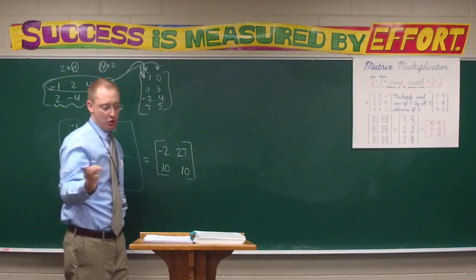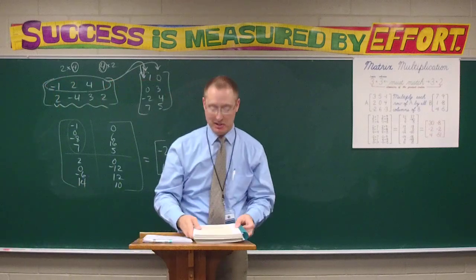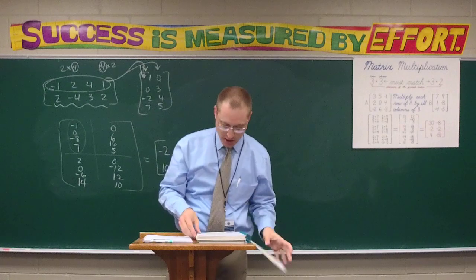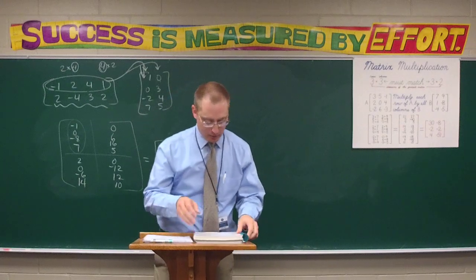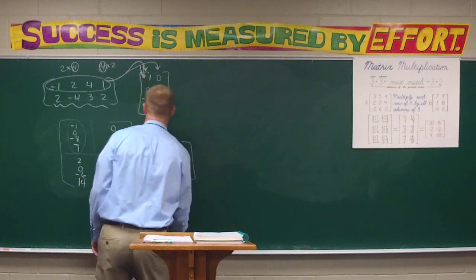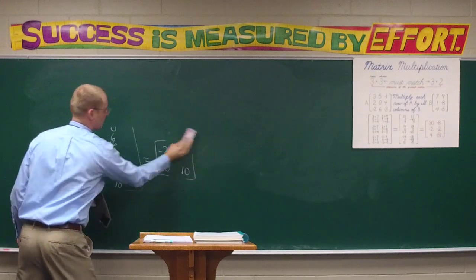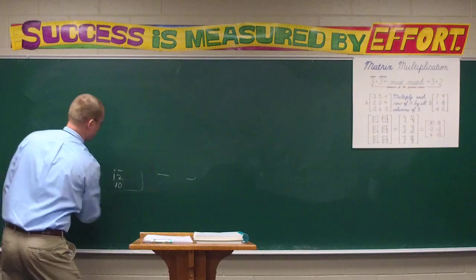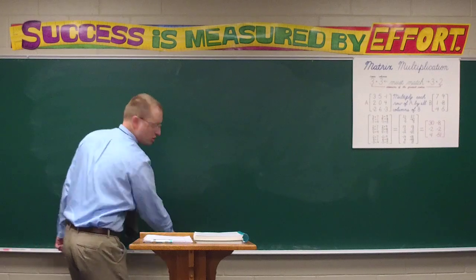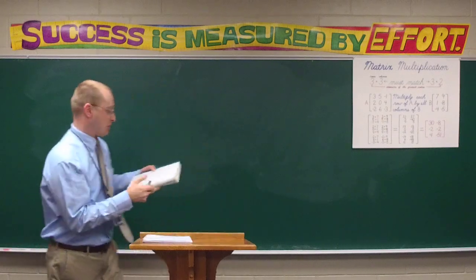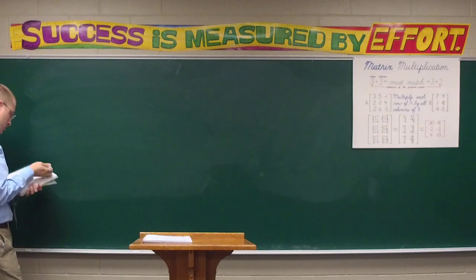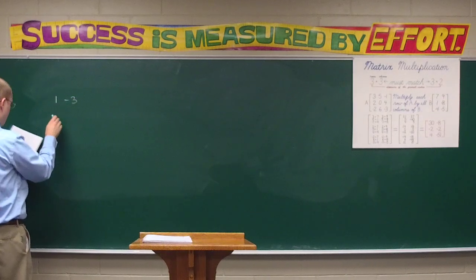All right, let's do page 283 now, number 11. Page 283, let's take a look at number 11. And we'll start with a pretty easy one, I think. Page 283, number 11. The first matrix, class, is a 2 by 2 square matrix.